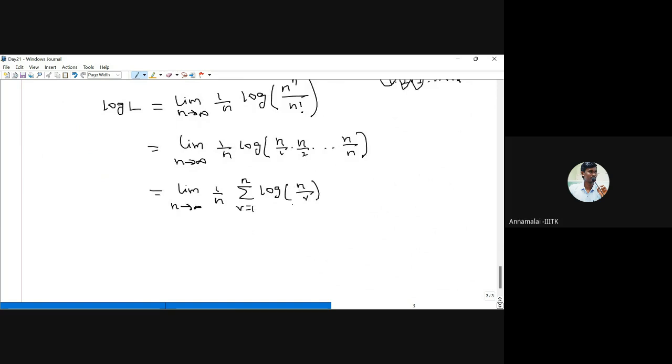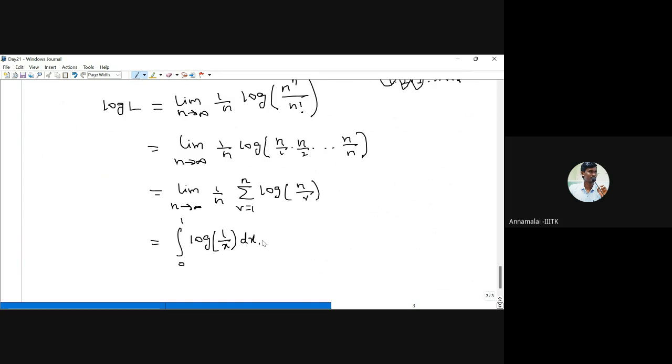So we can rewrite this as log of 1/(r/n). Now we get our format. Therefore, this is nothing but the integral from 0 to 1 of log of 1/x dx, because r/n is x, and n/r can be written as 1/(r/n).